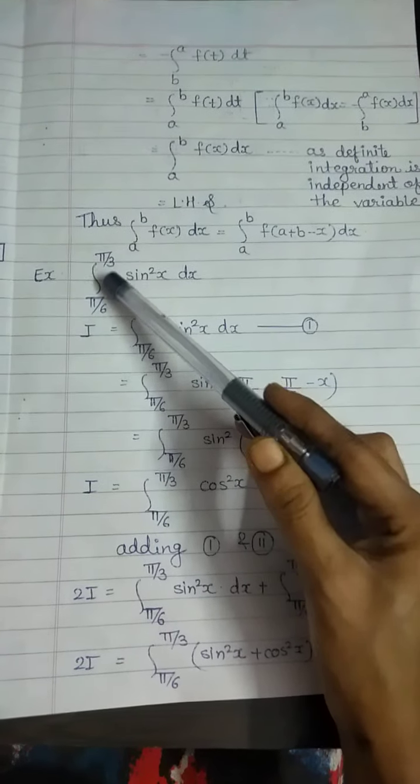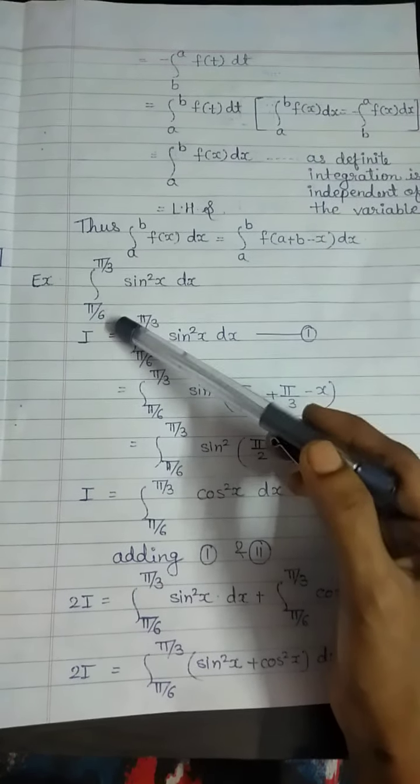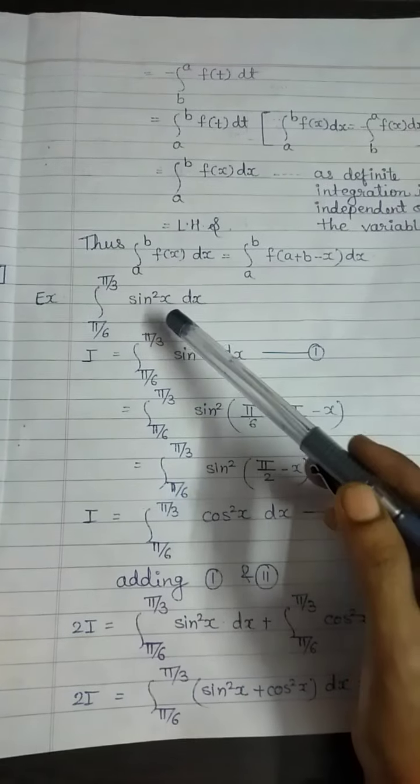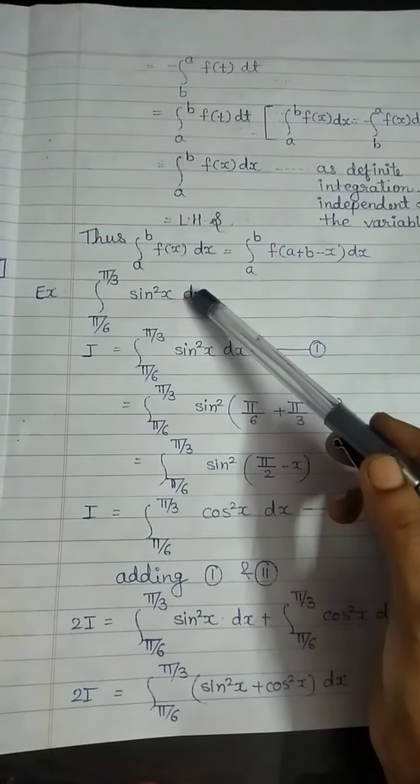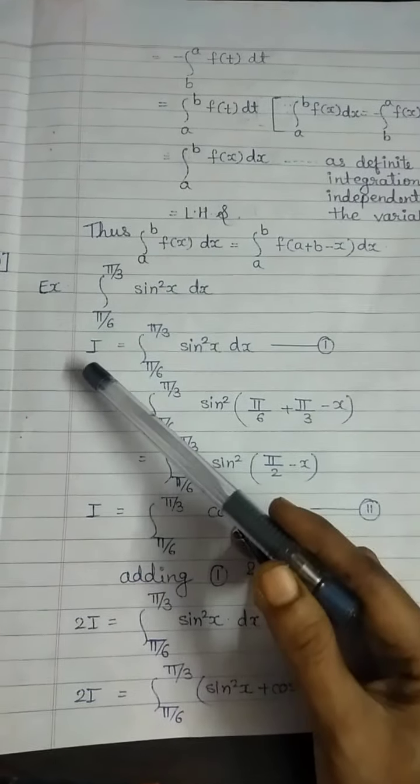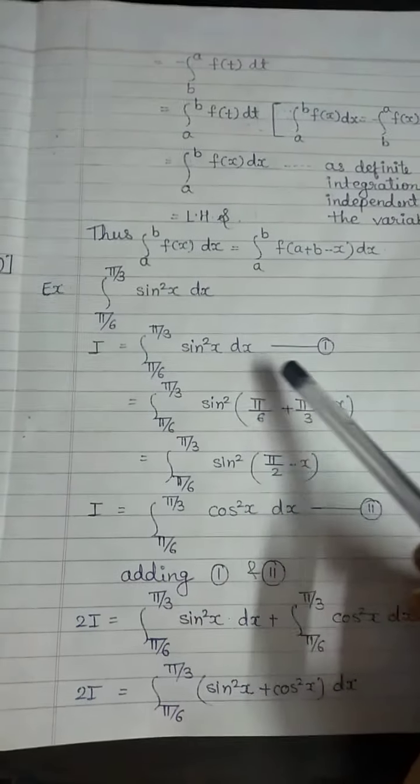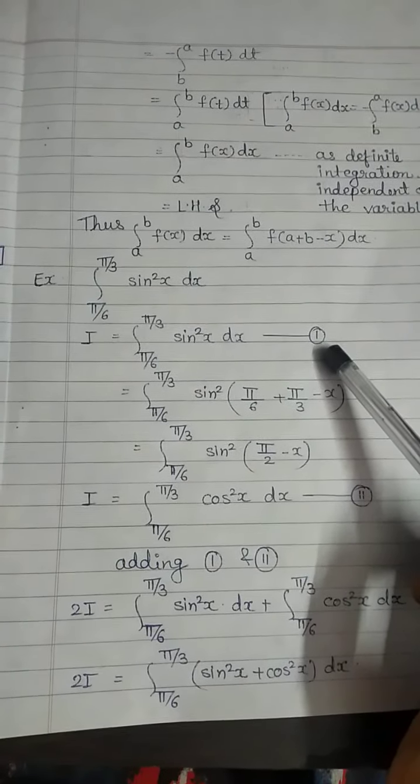So suppose we consider the example integration pi by 6 to pi by 3 sin square x dx. Now suppose we consider this integration as I, we call this equation number 1.